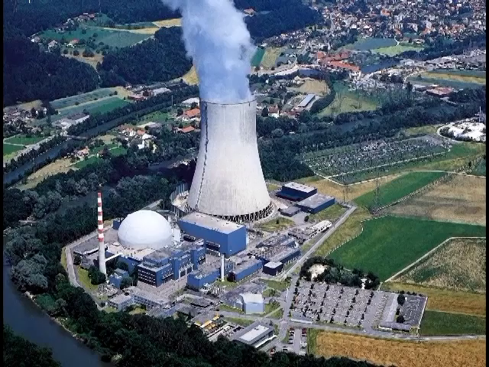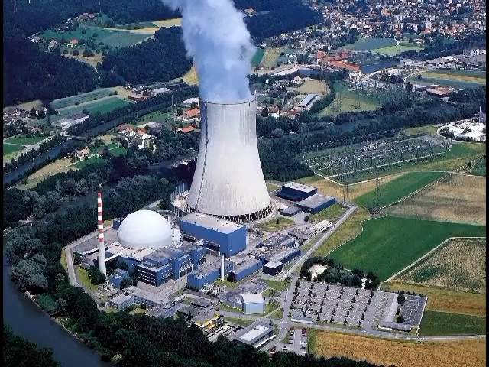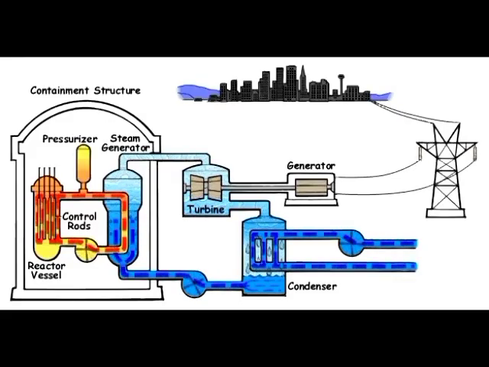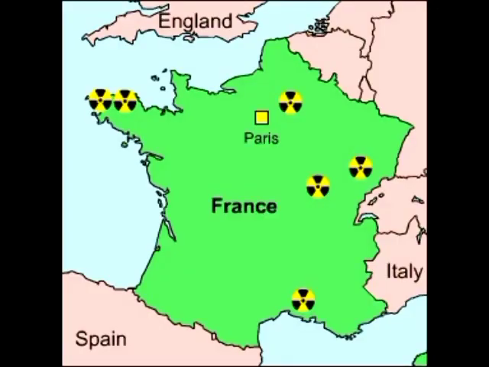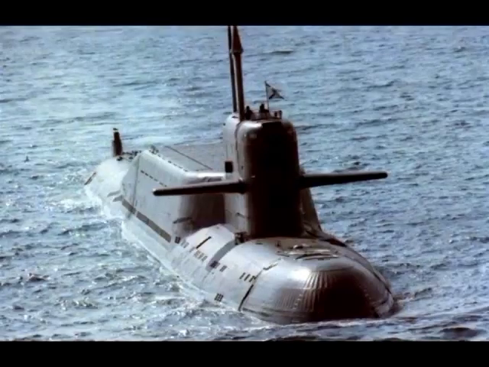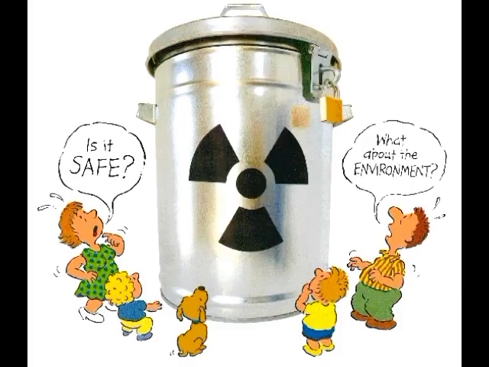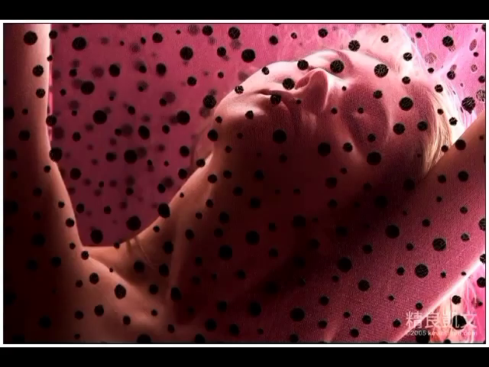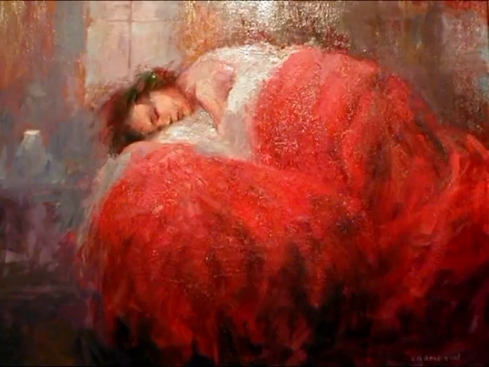The heat that's given off is used in power plants that actually makes most of the electricity in France. It powers aircraft carriers and also submarines. If not for radioactive waste, it would be the stuff of dreams.